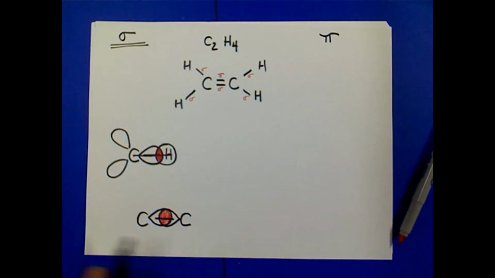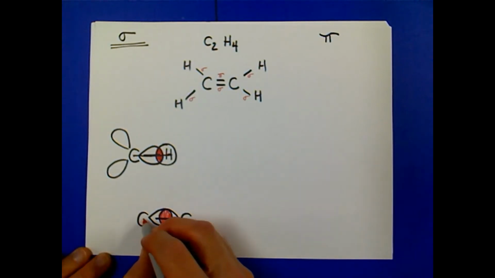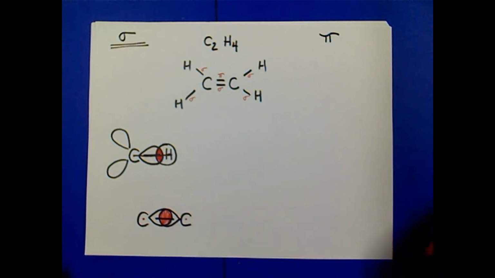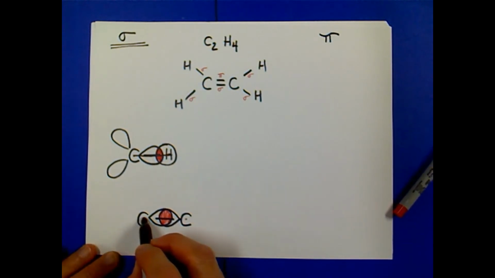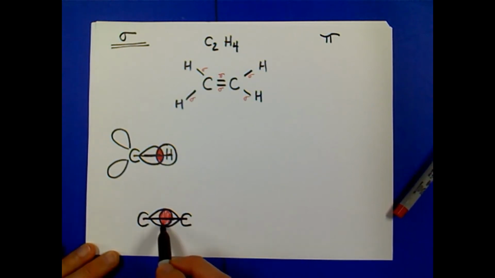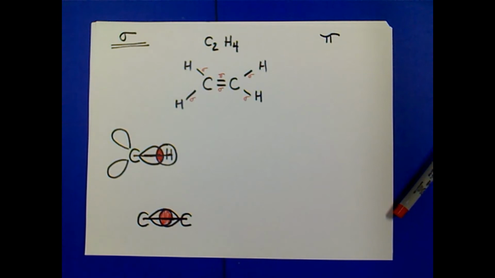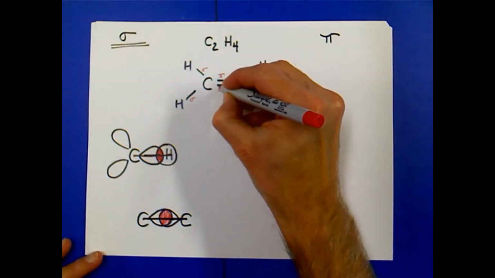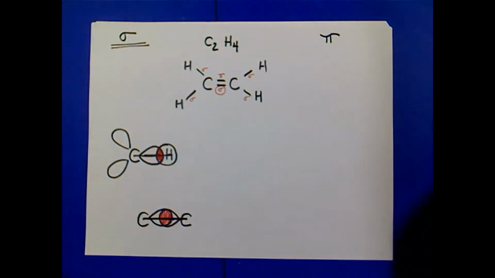Once again, if we draw a straight line through the center of this carbon atom and the center of this carbon atom, the line drawn between the two goes through the overlap, and that's going to form the basis of the sigma bond in the double bond.